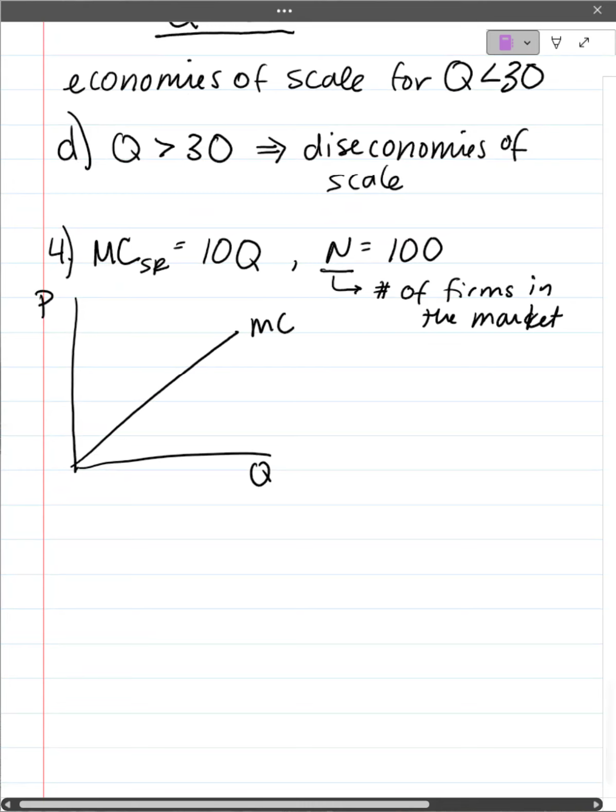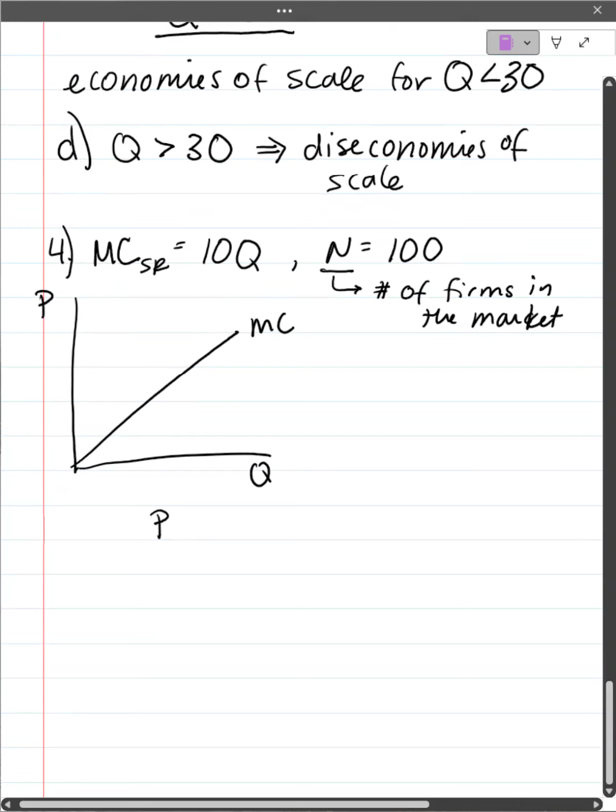So one thing you have to know that we haven't covered yet, and I'm telling you now, to find the short run supply curve, when we're working with identical firms, we're assuming here a perfectly competitive market. We know that price is always equal to marginal cost. Okay, so that is a key relationship in perfect competition.